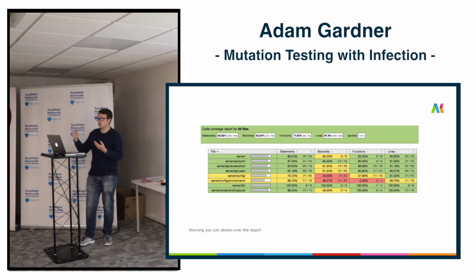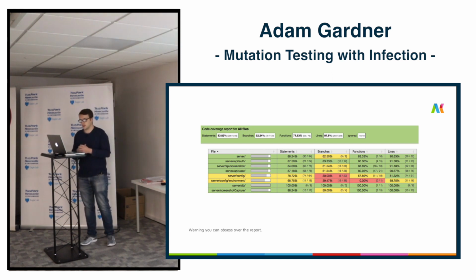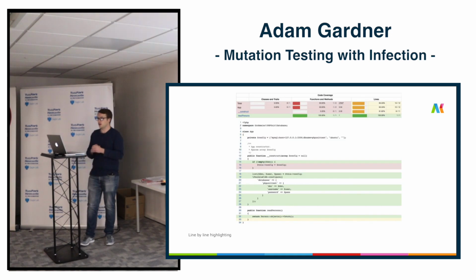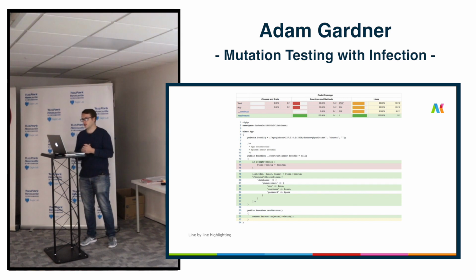This report represents an exact replication of your application structure. This isn't mine, I've just taken it off the internet, so if it looks terrible, it's not mine. You get this interactive web page where you can click into each one and go down file by file. Again, this isn't my code, so if it's terrible PHP, I apologize.